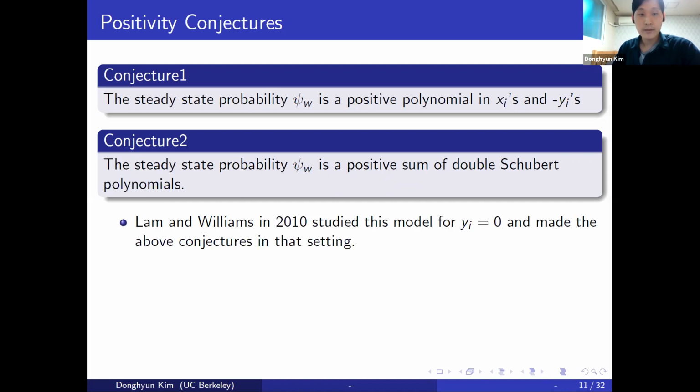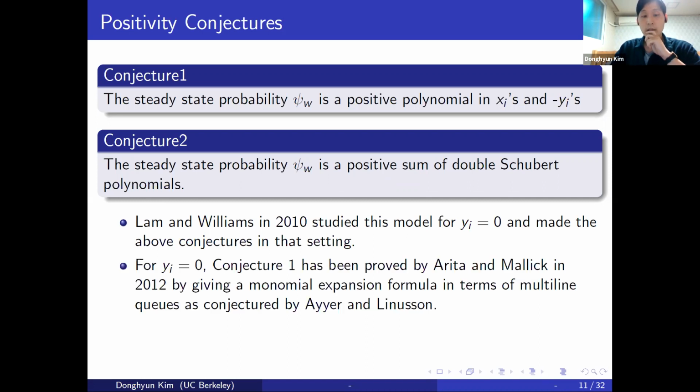And the history of these conjectures. First, Lam and Williams in 2010 studied this model, the inhomogeneous TASEP, for yi equals 0, and made the above two conjectures in that setting. Later, conjecture 1 was proved in the case of yi equals 0 by Arita and Mallick.